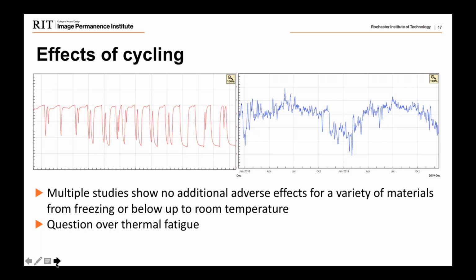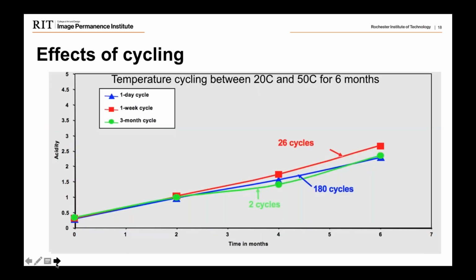And I wanted to share with you some data from one of those experiments. This is another one that Jean-Louis did on acetate base. You can see here this was taking that acetate between 20 degrees Celsius and 50 degrees Celsius over a period of 6 months. If you go between 20 and 50 degrees every day for 6 months, you get 180 cycles, which is that blue line there.